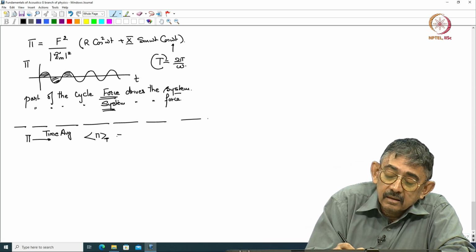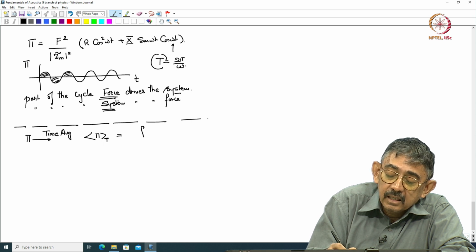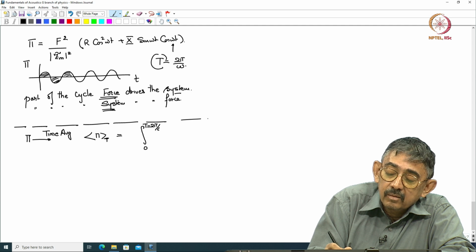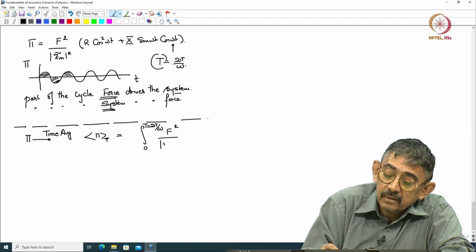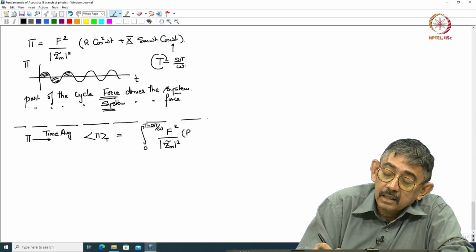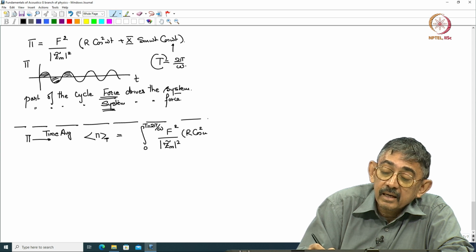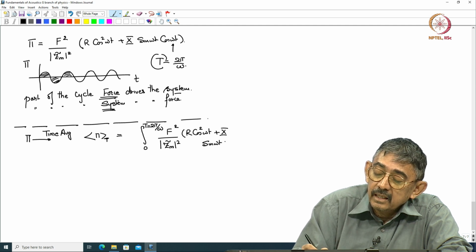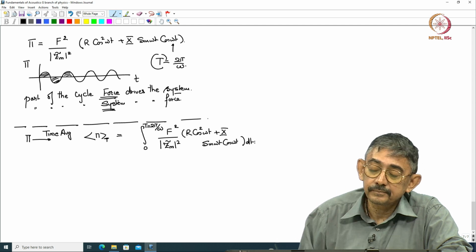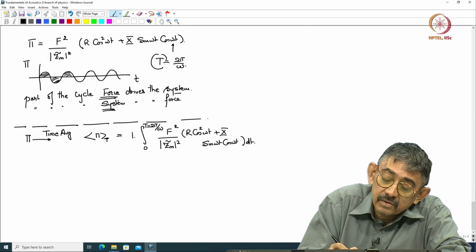So I integrate over t equal to 0 to 2π by omega, F squared by magnitude of Z mechanical tilde squared, times (R cos squared omega t plus X sin omega t cos omega t) dt, and averaged, so I divide by T.